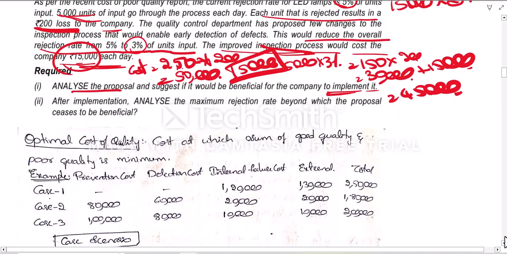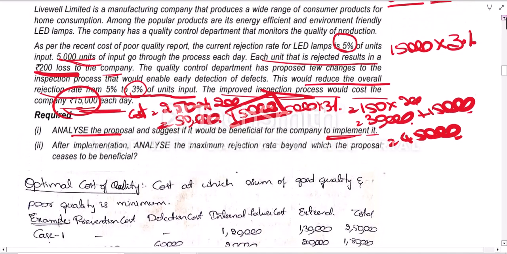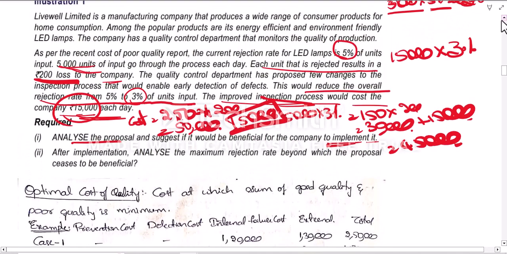After implementation, analyze the maximum rejection rate beyond which the proposal ceases to be beneficial. See, now it is beneficial if the rejection rate has decreased to 3%. But they are asking what is the maximum rejection rate we can accept, so that we can say okay for implementing the new process.